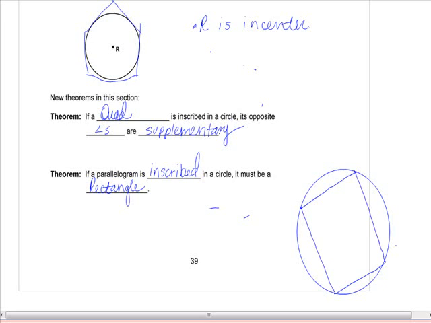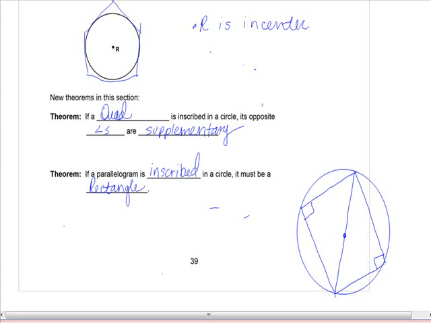But we don't assume things just by what it looks like. Well, the reason that it becomes a rectangle is that that diagonal goes through the center. Now, that means that each of these angles are what type of angles? They're right angles. So we know that a parallelogram with a right angle makes a rectangle.